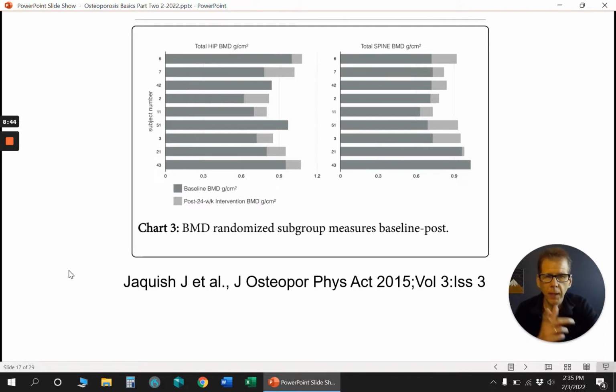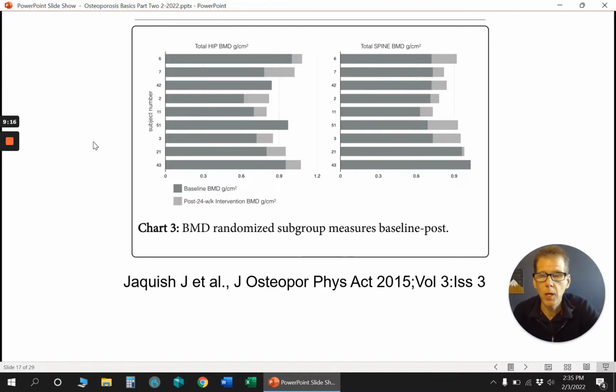I believe they were women. I'm not 100% sure about that as I'm chatting right now, but 9 people who had bone density measured before and after treatment. And each of them had a small improvement in either hip bone density or spine bone density. You can see not everybody responded at each of these sites, but there was an improvement in bone density that occurred.